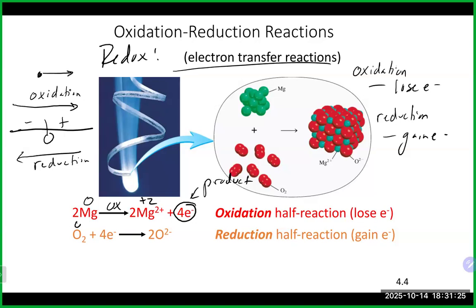Oxygen over here on the left is 0. On the right, that is -2. So when we look at oxygen, it's starting at 0 and ending at -2, which means it's moving in the negative direction on the number line, and it is going through reduction. We also know that this is the reduction half reaction because we see our electrons on the reactant side. These are called half reactions because if we add these together, the electrons should always cancel out, right?